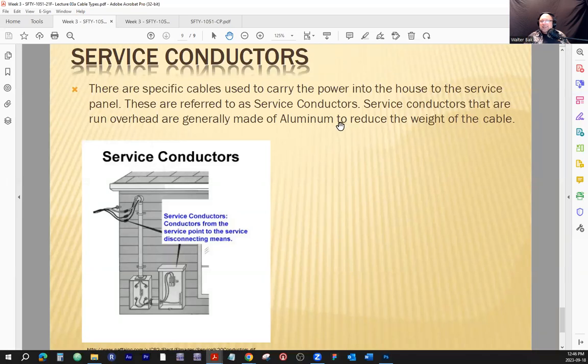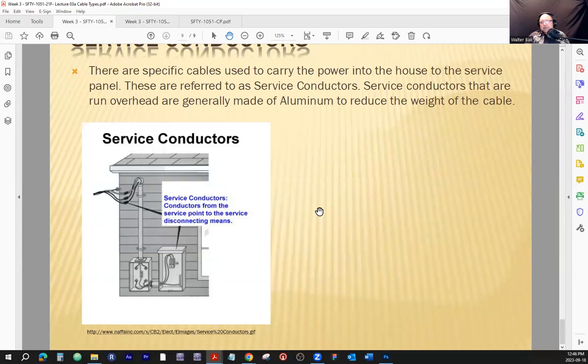The reason for that is to reduce the weight. Of course, copper is a better material for service conductors, but aluminum is not as heavy. So to reduce the weight, aluminum cables are used to provide the service if the cables are run overhead. It might be on a test.